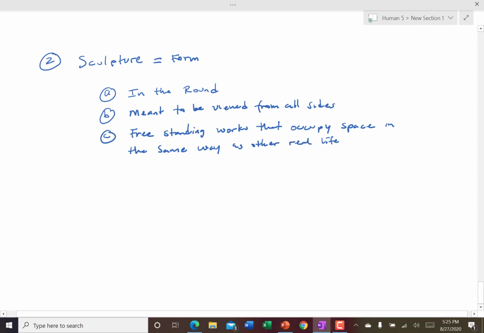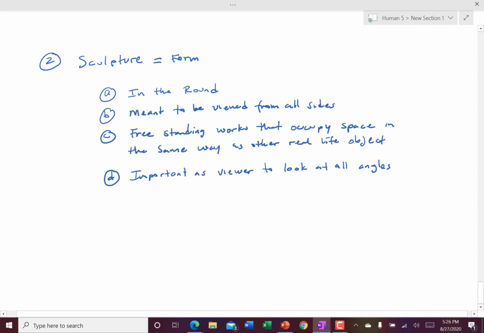Now, the size and scale can be different than real life objects, but often they're meant to be that exact same thing. When it's in the round, it is super important as the viewer to look at all angles.